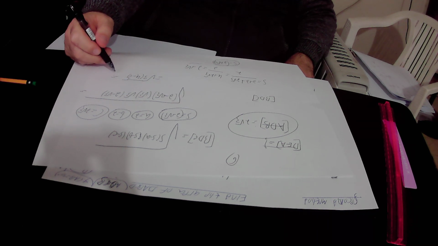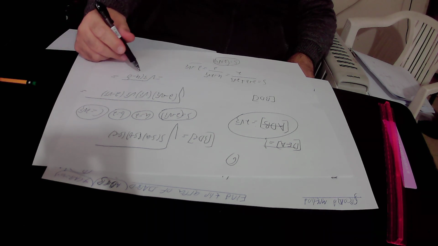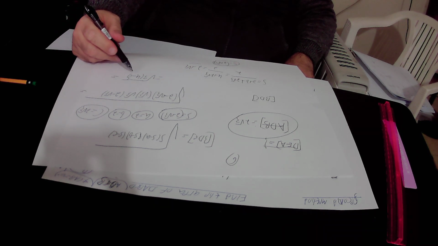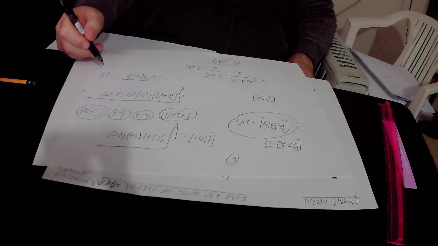So the area of triangle BDC equals square root of 3 times 4 minus 3, which is 1. 3 times 1 is 3, so we found out that the area of triangle BDC equals square root of 3 units.